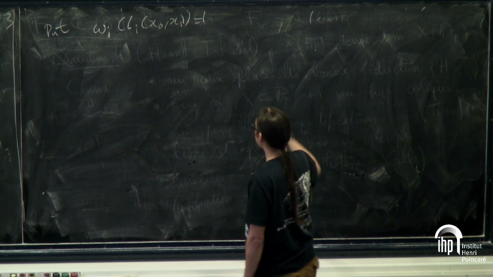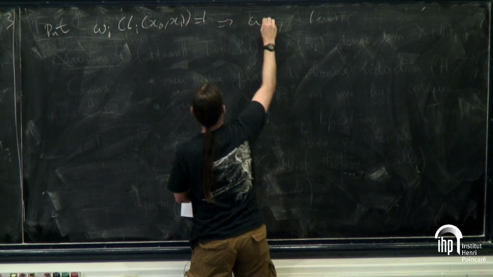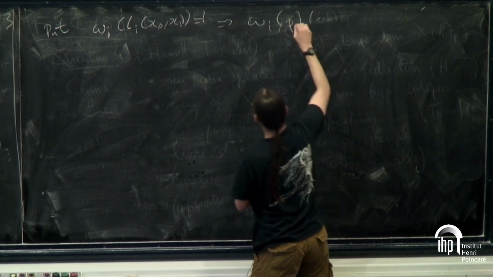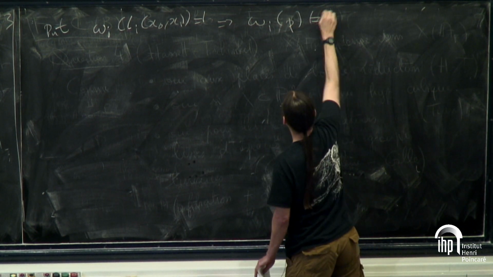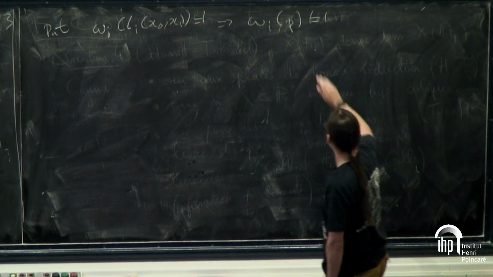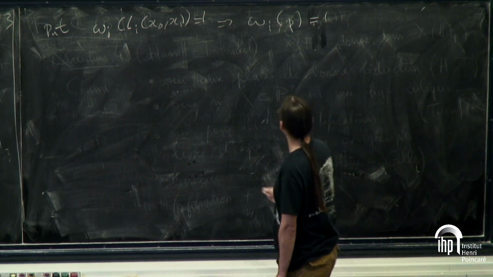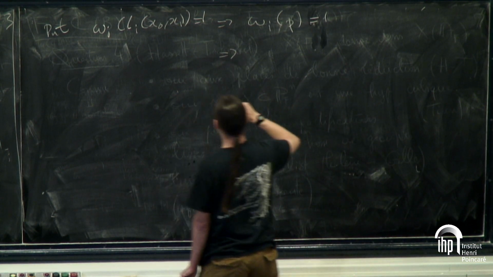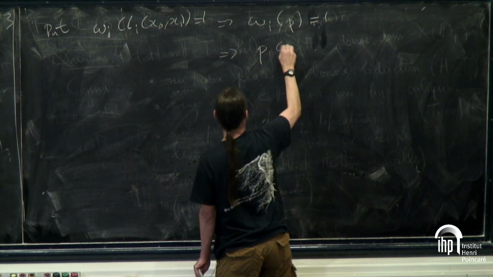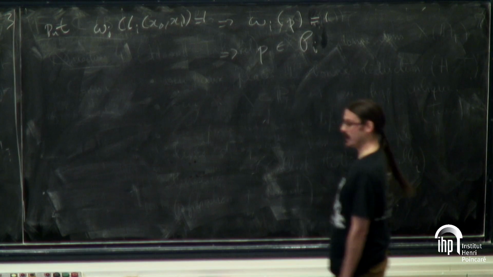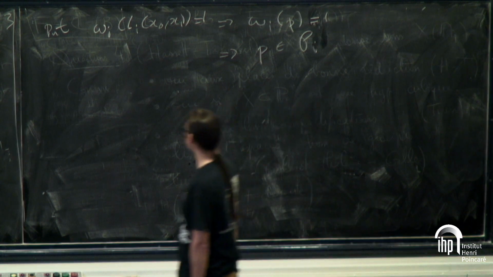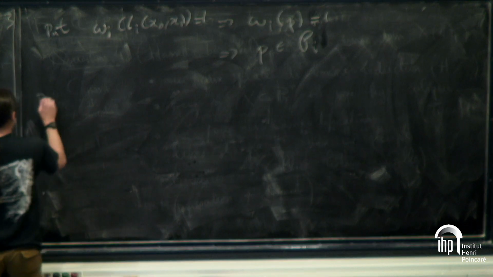This is completely multiplicative, and p divides L_i. This means omega_i of p is equal to 1. And just the definition of these completely multiplicative functions means that p lies in the set P_i. Great.